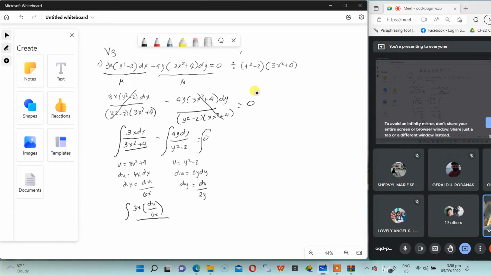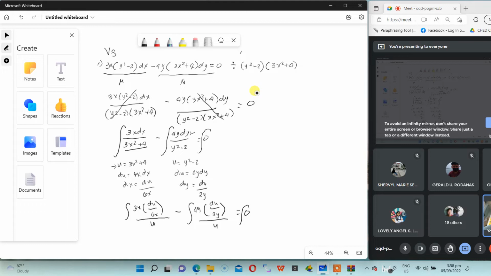That is our u. Now, minus 4y times what is our dy? That is du over 2y, over that is still u, equals 0, integral of that.